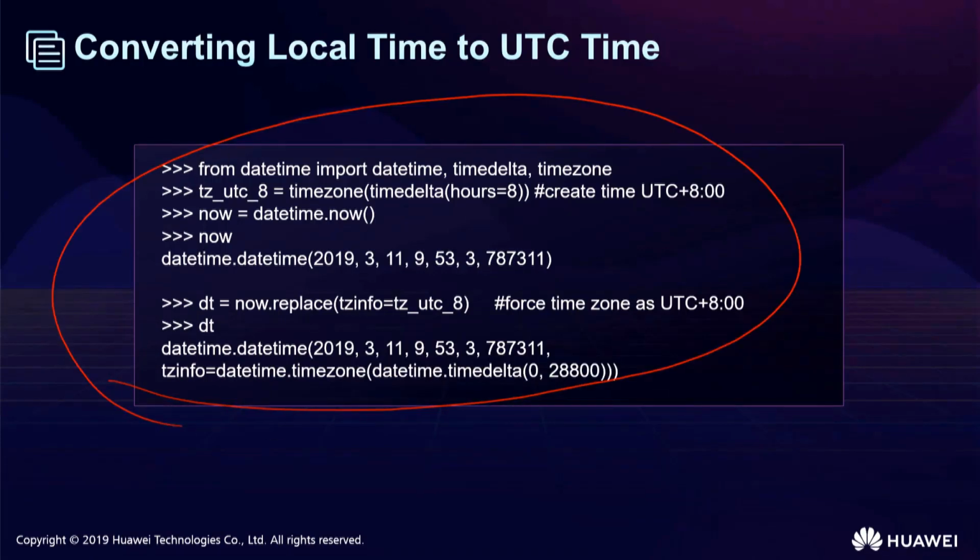If you want to know the time zone, you can force the time zone as UTC+8, and that will set it. You can set it using tzinfo. And to get the datetime's time zone, that will return the time zone information.